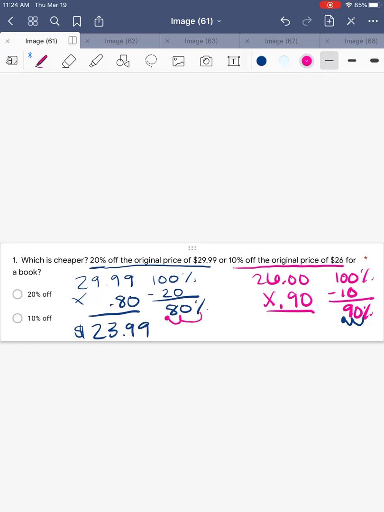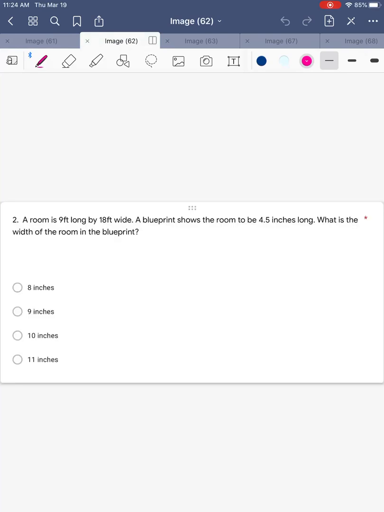So 26 times 0.90 is 23.40. So I'm going to leave this last part up to you, but you just need to decide which one is cheaper. If one of them is $23.99 and one of them is $23.40, which of those is cheaper? Next one.